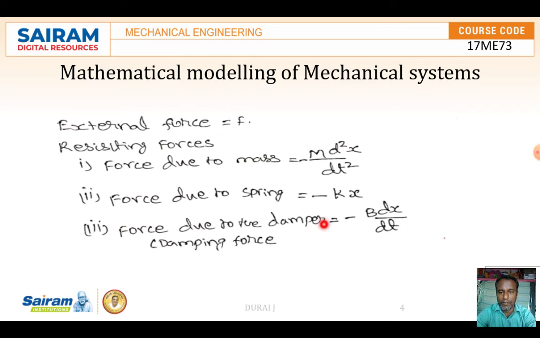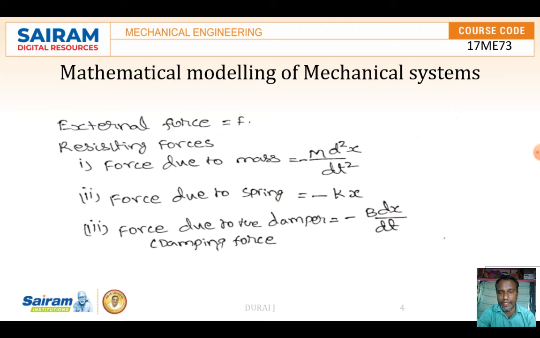The sum of the resisting forces is equal to the external force. The resisting forces are the forces due to the mass, spring and damper, and the external force is F.